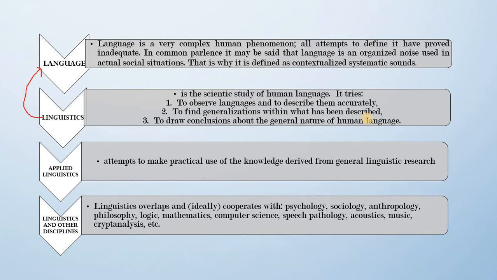So it seeks to give us general ideas, general rules about the language that it describes. It also seeks to draw conclusions about the general nature of a human language. So it gives us the main characteristics of the language. These are the three main functions that linguistics seeks to give us as a contribution to the literature of the language normally studied.